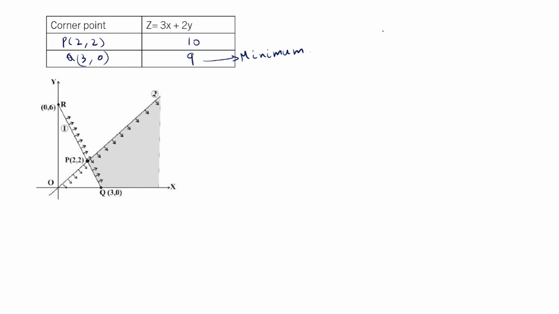Now we have to find the half plane corresponding to 3x plus 2y less than 9. So we have when x is 0, y is 9 by 2 and when y is 0, x is 3. So if we draw a line joining these 2 points (0, 4.5) and (3, 0), then we will get the line 3x plus 2y equal to 9.